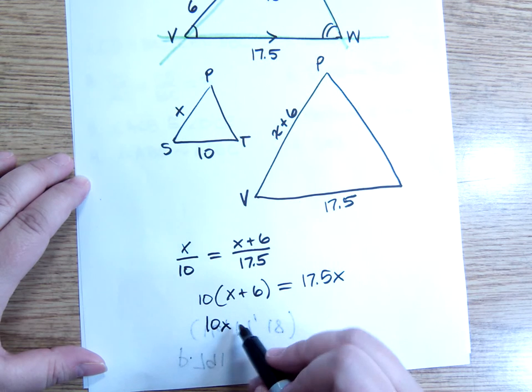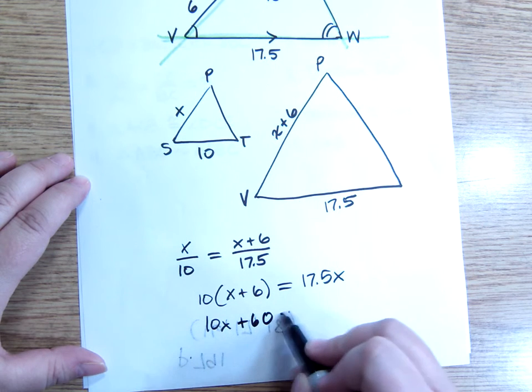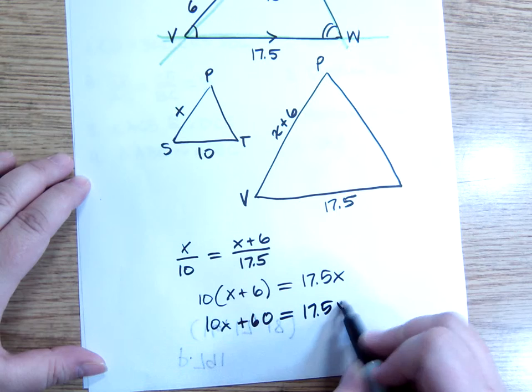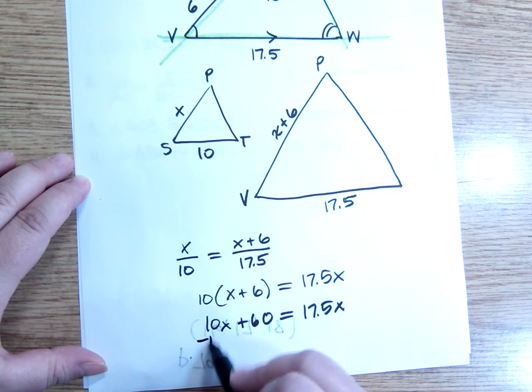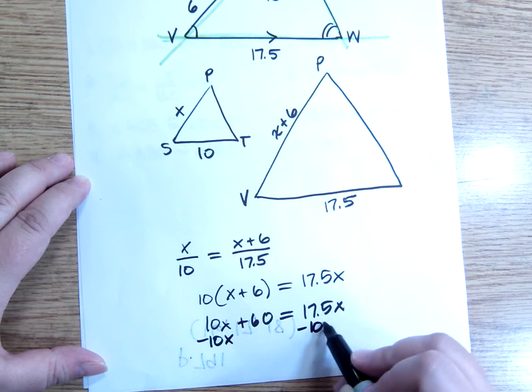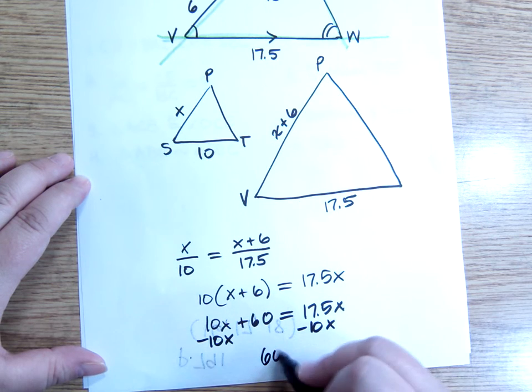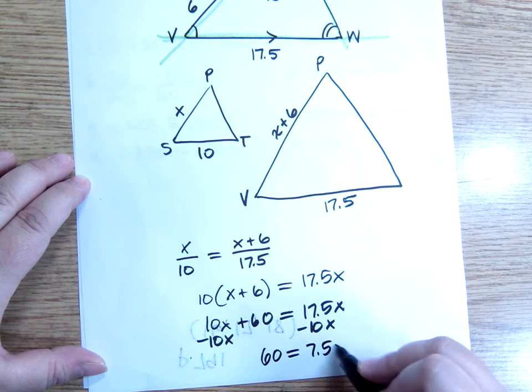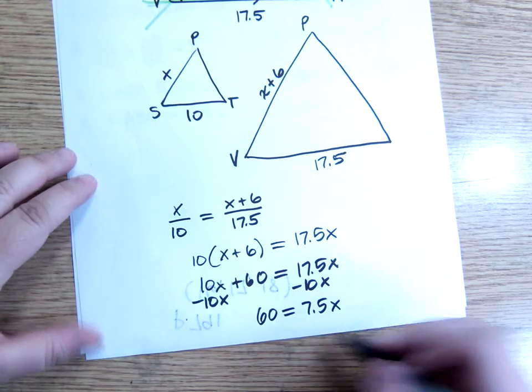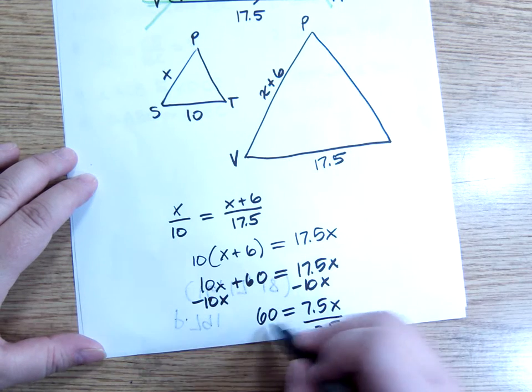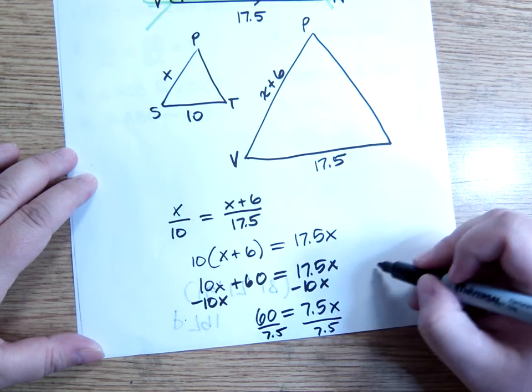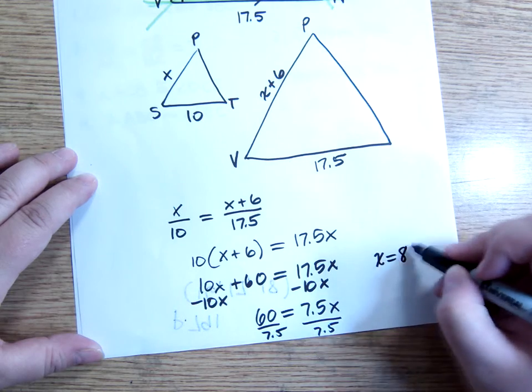And then this is 60, 17.5x. Subtract 10x from both sides, and you get 60 equals 7.5x. 7.5 goes into 60 8 times, and so I got x equals 8.